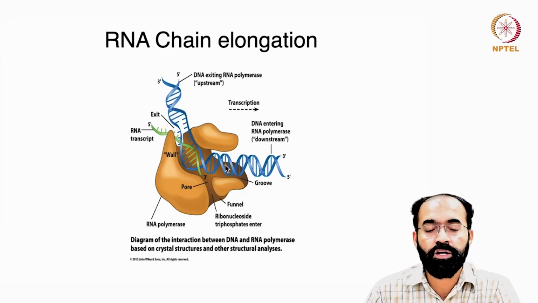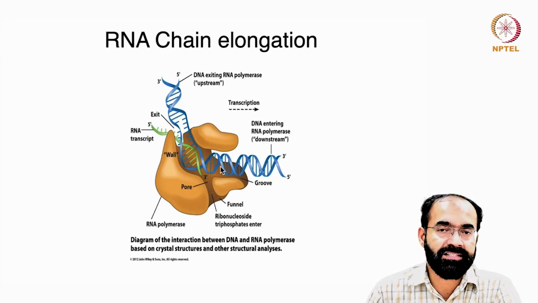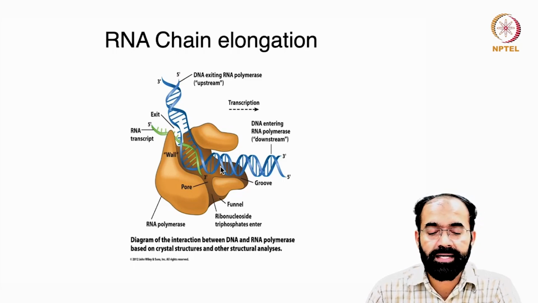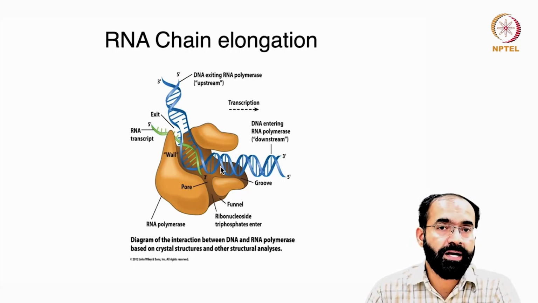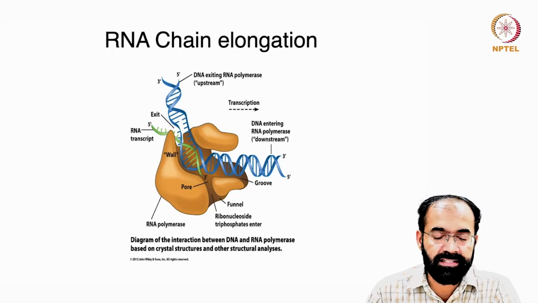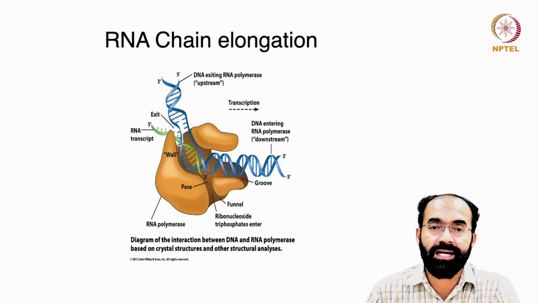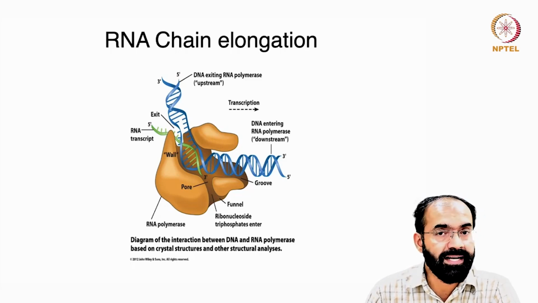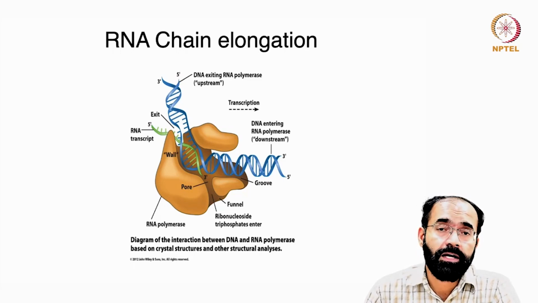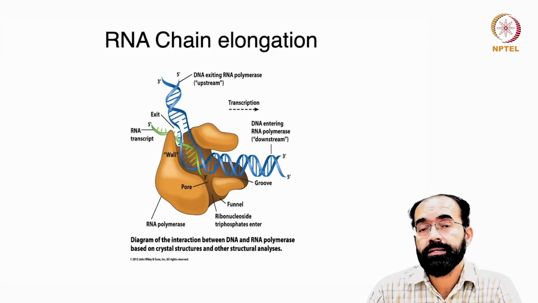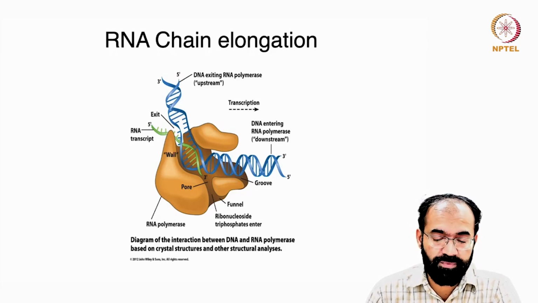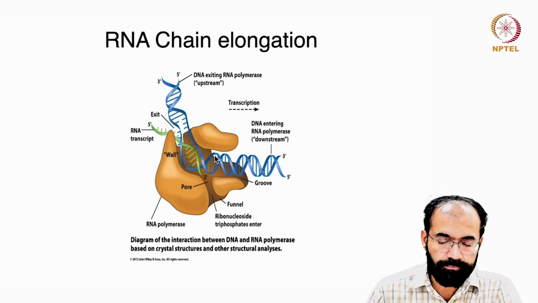And there is also a groove for the entry and exit of the DNA. So it has grooves for the DNA entry and exit, an opening for the RNA exit, and an entry for the raw material, the ribonucleoside triphosphate, for the polymerization event.